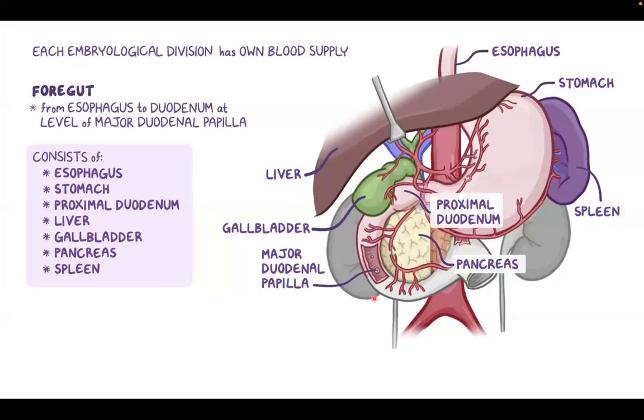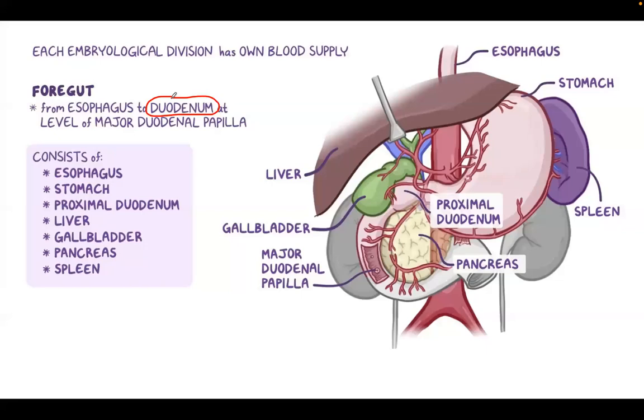Now you have to remember that the foregut actually begins from the esophagus. It is from the esophagus to the duodenum. The midgut also begins from the duodenum, the lower half of the duodenum. So your landmark for the foregut and the midgut is the duodenum.